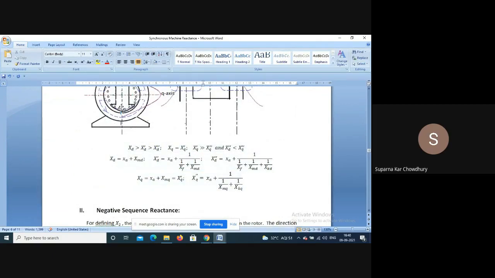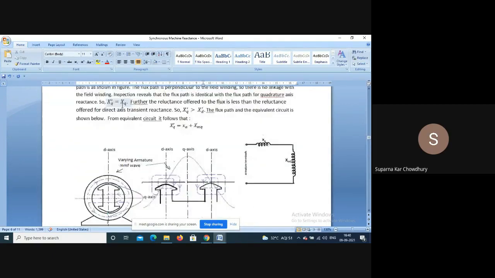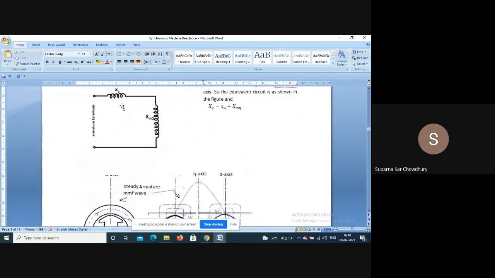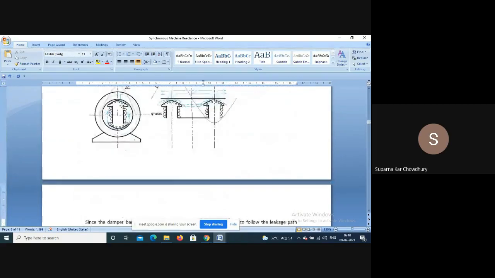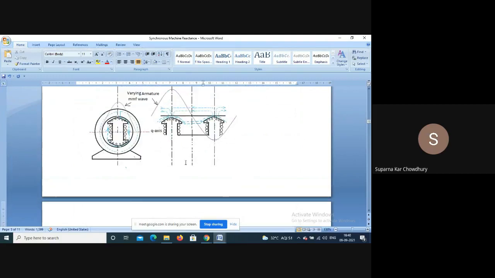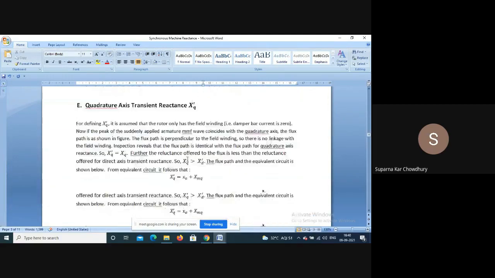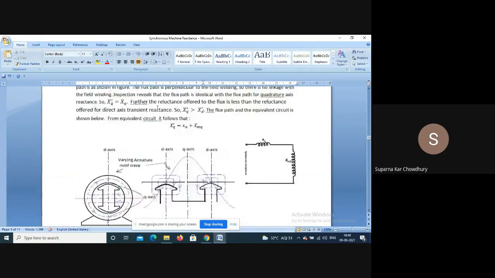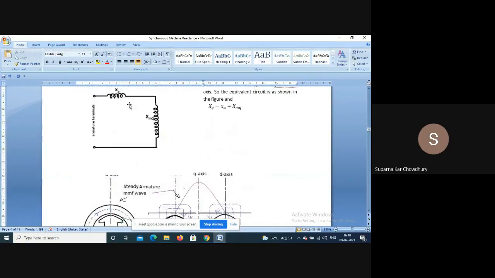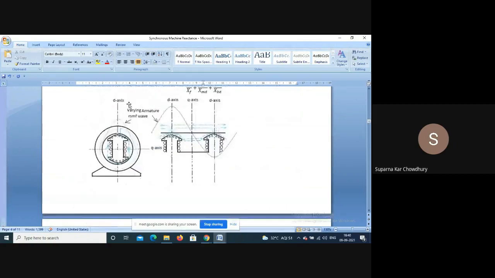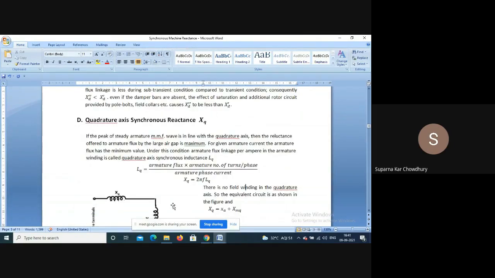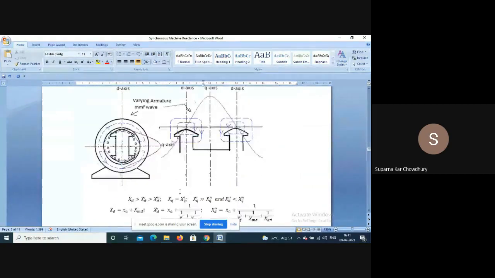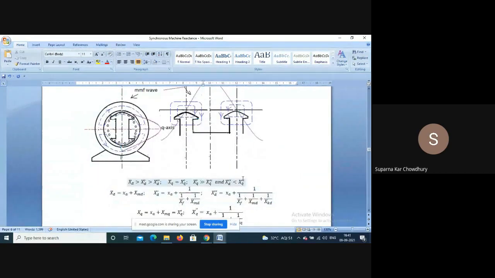However, if we compare this figure with the figure for the direct axis subtransient reactance, you see the reluctances are quite different, because here this air path was longer. So your XD double dash is actually less than XQ double dash.